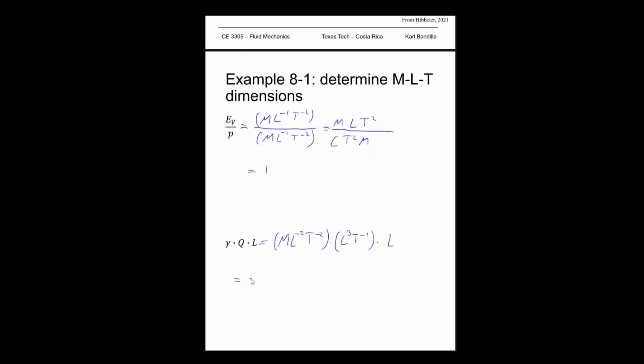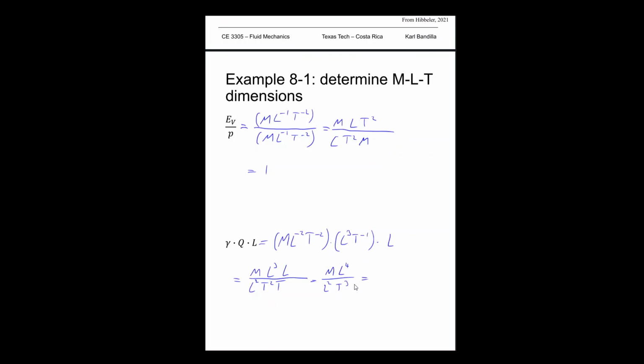All right, what do we get? We get a mass. We get L squared T squared. Then we get L cubed and T and L. So that one means we get M L to the 4th divided by L squared T to the 3rd.